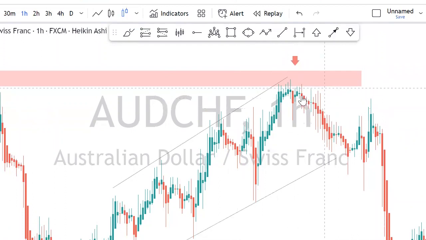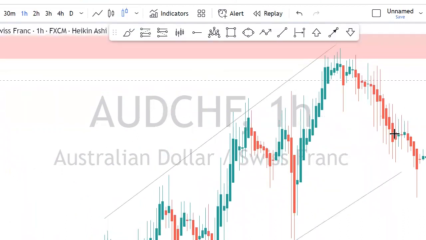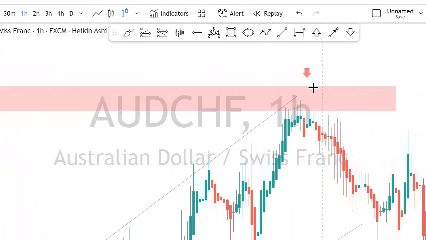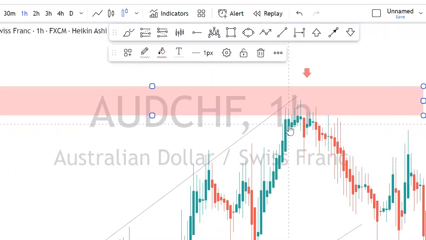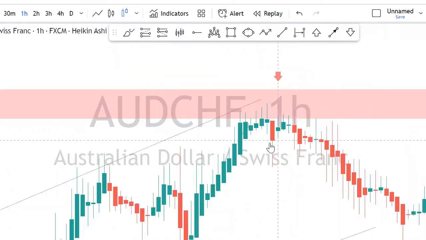So our job was to look at how the price rejects from this point. And as you can see, as it was reaching this resistance area, the bullish candlesticks just became smaller and smaller and smaller, and we started having bearish candlesticks, but the price was still fighting back.